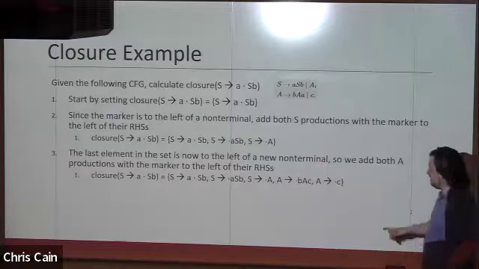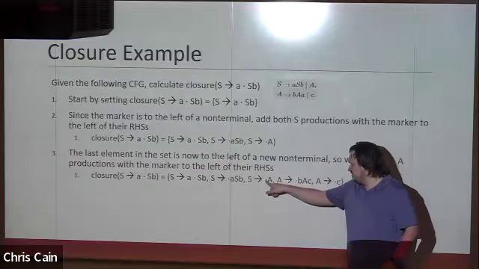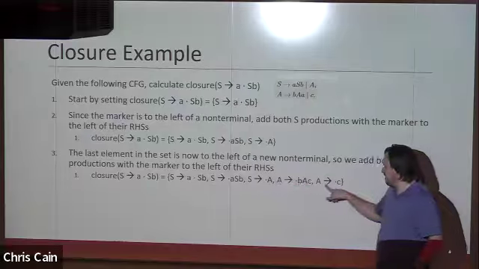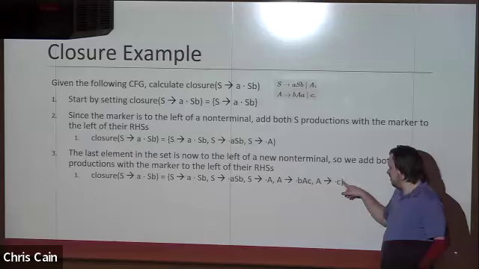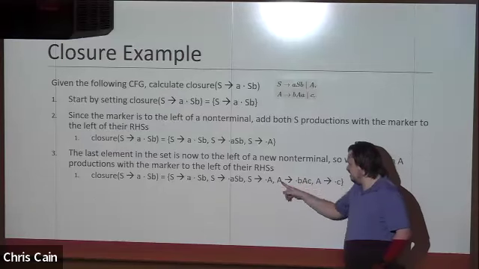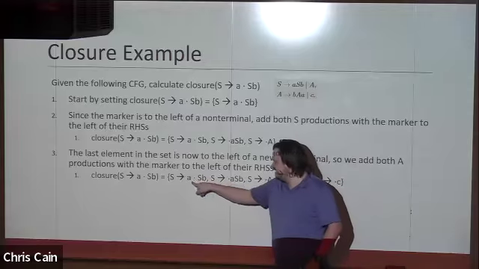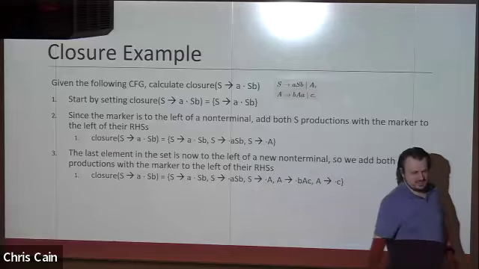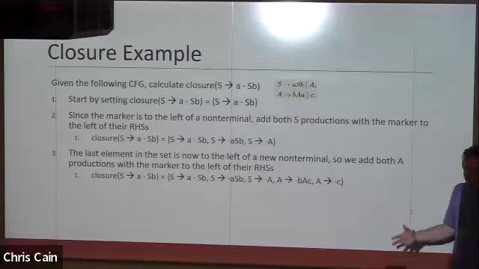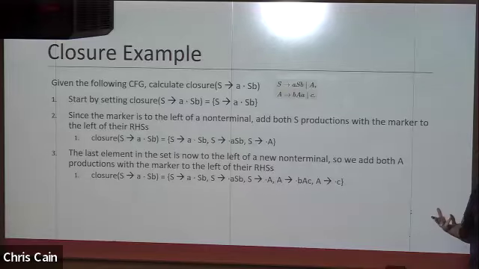But now every single element in here is either before a non-terminal where every right-hand side of that non-terminal is there, or before a terminal, and we're good. So as long as you're adding new things that are at the left-hand side of a non-terminal, we need to recursively add all right-hand sides of that non-terminal to this closure.